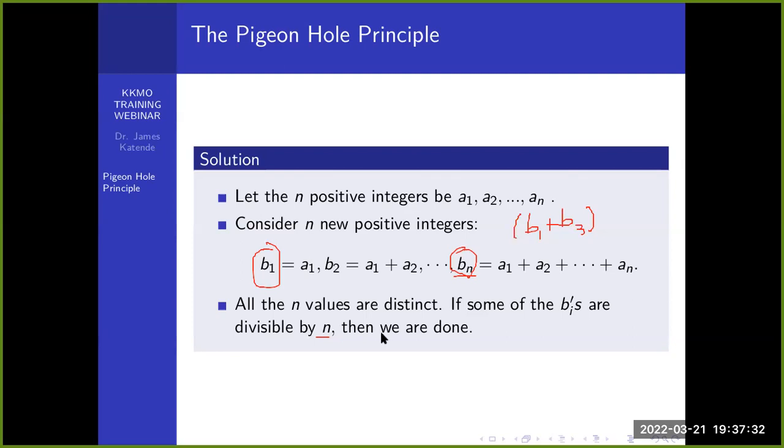So in that case, my work is done. The difficult case is when none of these numbers are divisible by n.